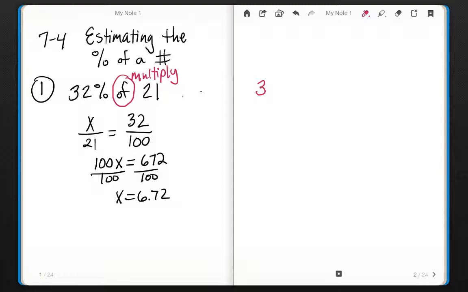But we can't keep it in the percent form. So what could we easily change it to? We could do fractions or, yes, decimal form. So let's try that. So it's 0.32. Of means multiply by 21. Type that in your calculator after you write it down and see if you get the same answer.